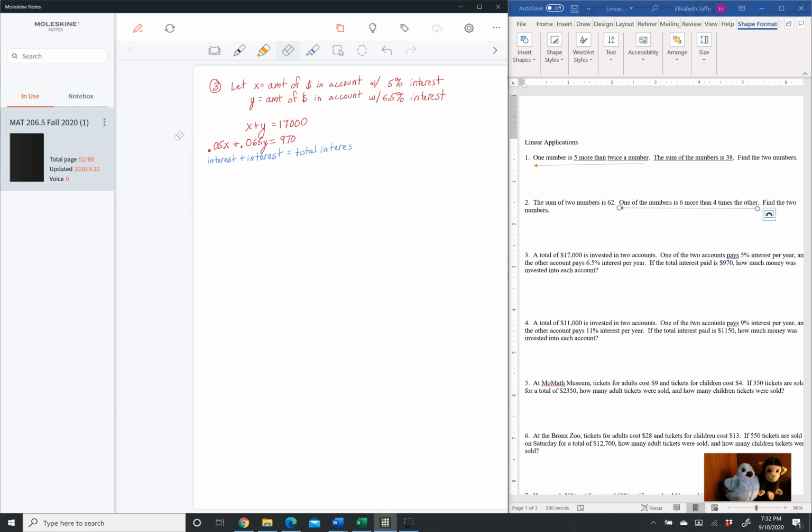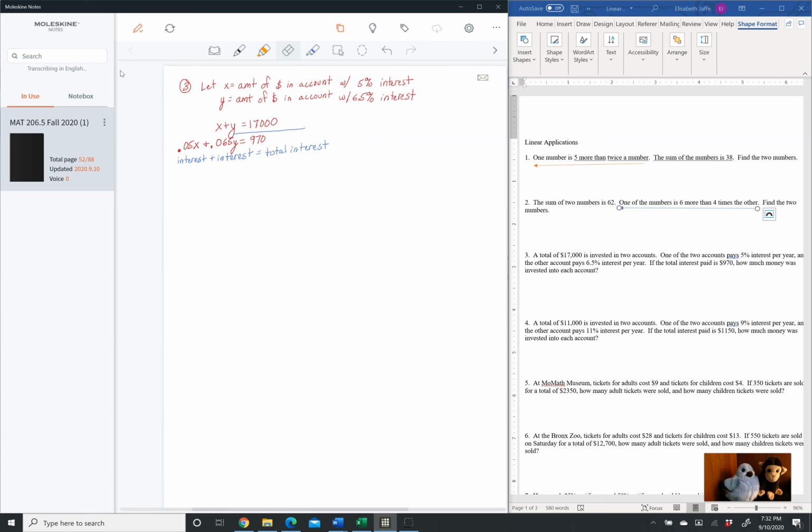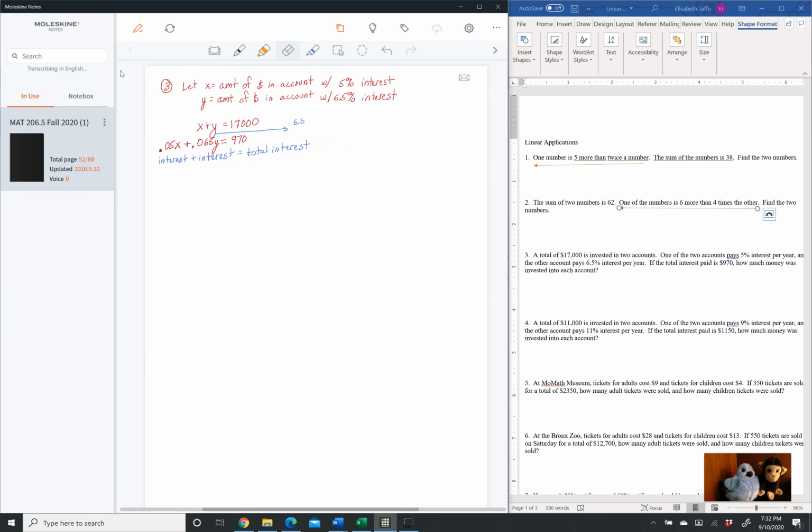Okay, 0.065 is 6.5 divided by 100. The 0.05 we got from doing 5 divided by 100. That's how we turn a percent into a decimal. Okay. This is the hard part of these problems, is coming up with the equations. Once you have the equations, it's easy to solve.